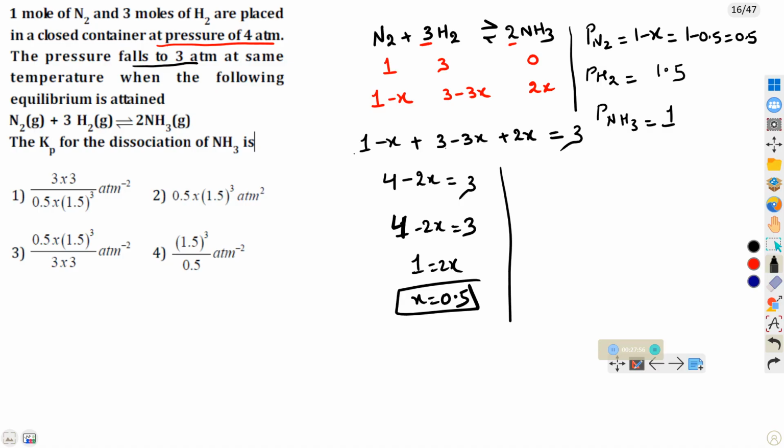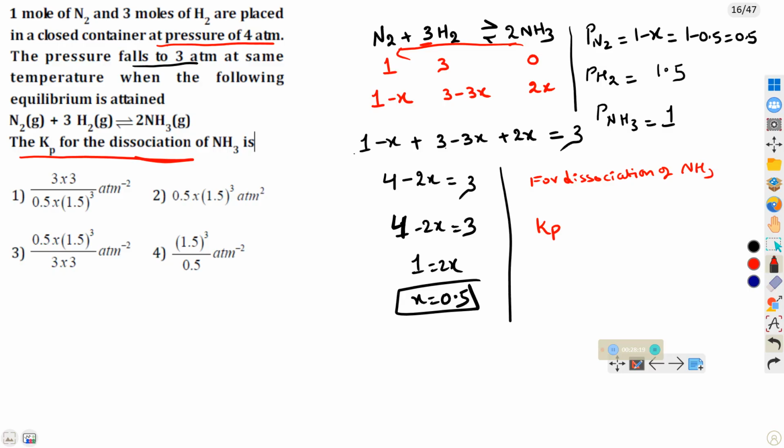What is the question? Kp for dissociation, the reverse reaction. Kp for dissociation of NH3.